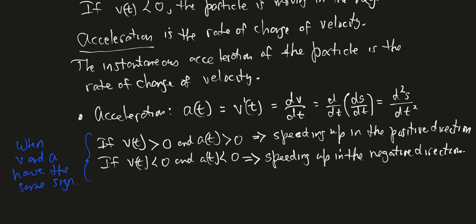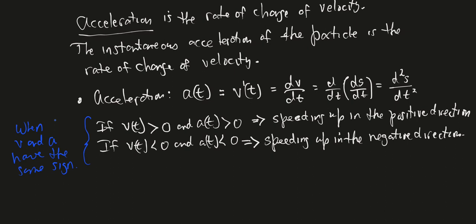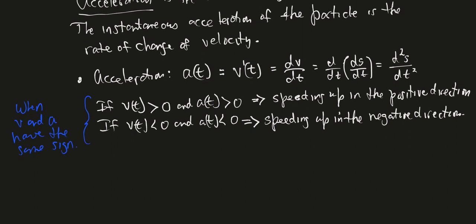So that means if they have opposite signs, then that's what would cause the object to slow down, right? So if velocity is positive but acceleration is negative, or velocity is negative and acceleration is positive, then the net result would be that the object would be slowing down, right? So let's write that down.